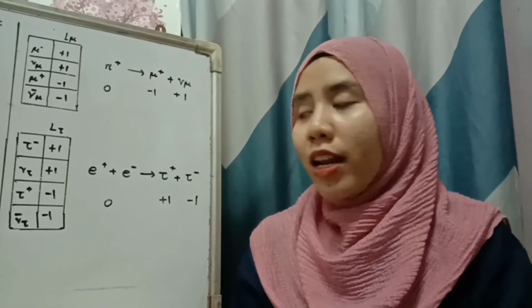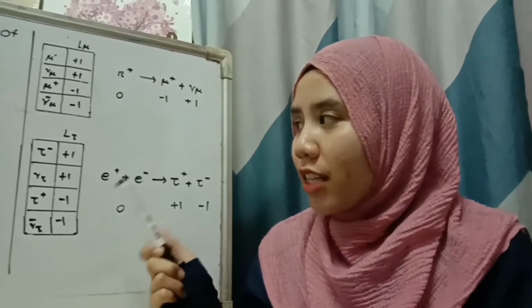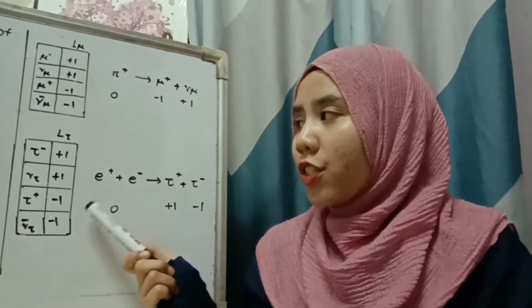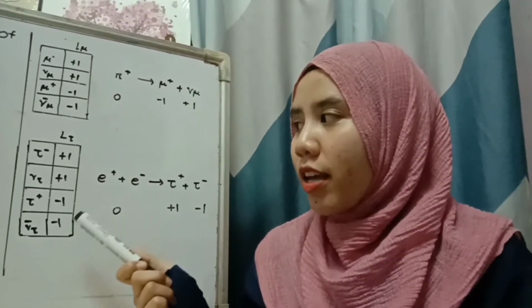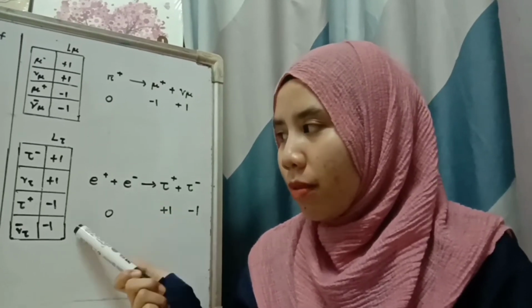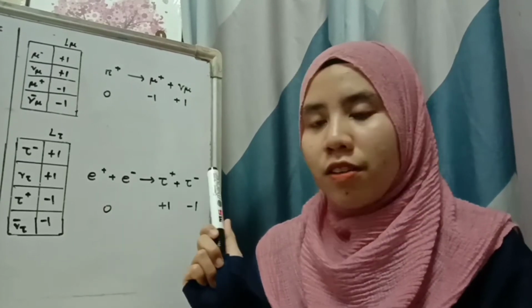Lastly, we go to the last part. The last part is to explain how the tau lepton interacts on the subatomic level. So we came up with the concept of the tau lepton number. This is the table, and this part is the reaction.